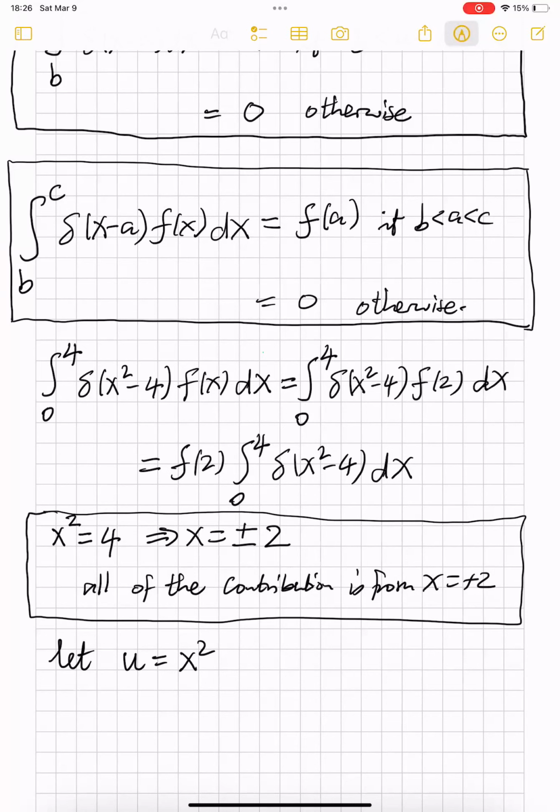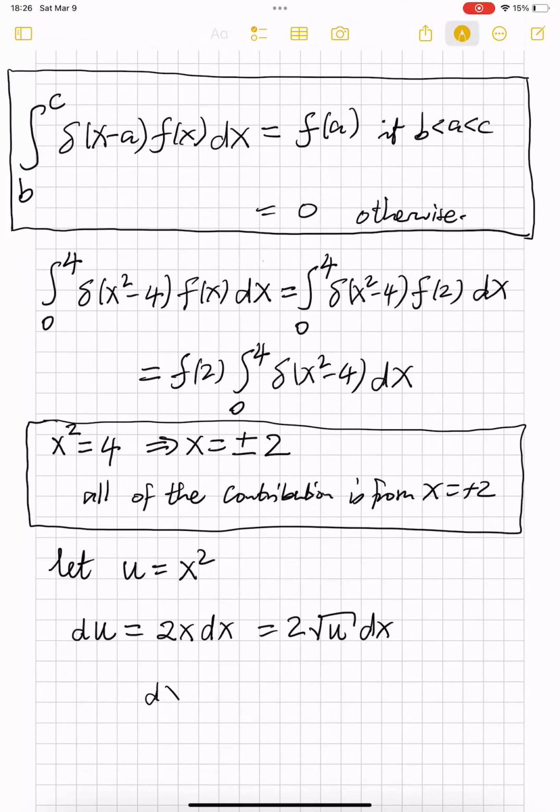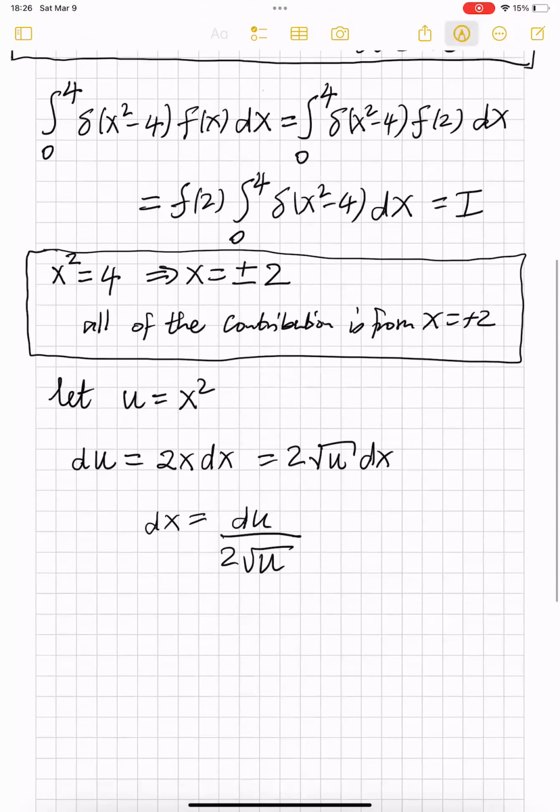If u is equal to x squared, then we know that du is equal to 2x dx, which is 2 times by the square root of u dx. So we learn that dx is just du over 2 times by the square root of u. So let's just call this I. So what is I equal to now?